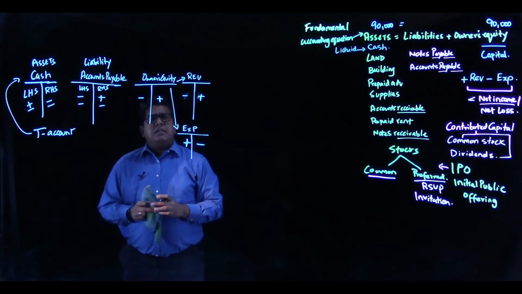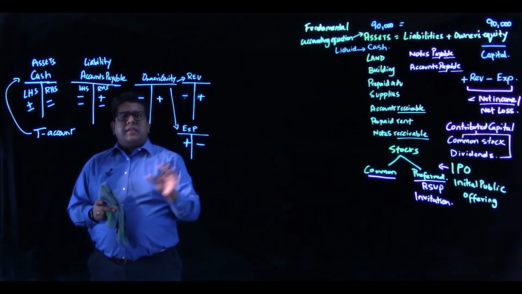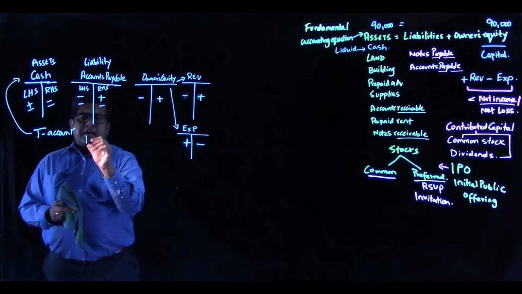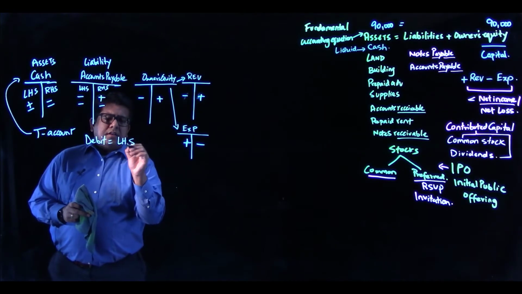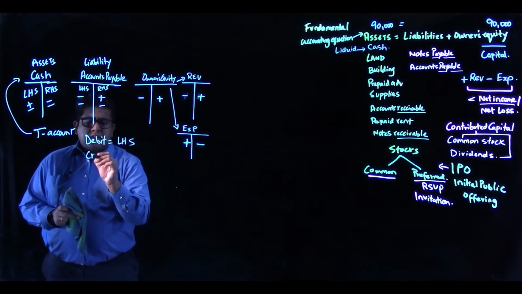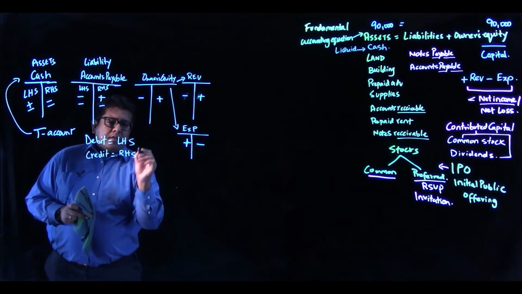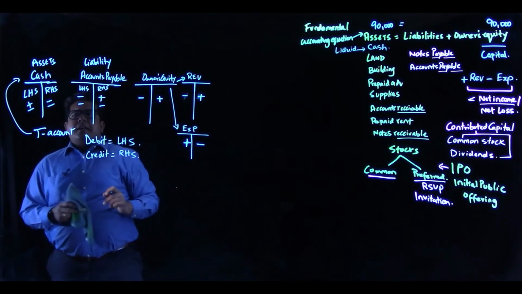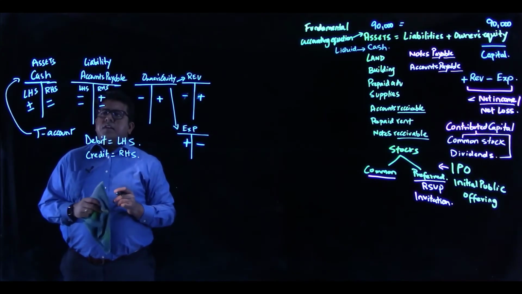So you have to understand the basics of the fundamentals of debits and credits. Your left-hand side is debit. Your right-hand side is a credit. Assets on the left-hand side go up, on the right-hand side go down.